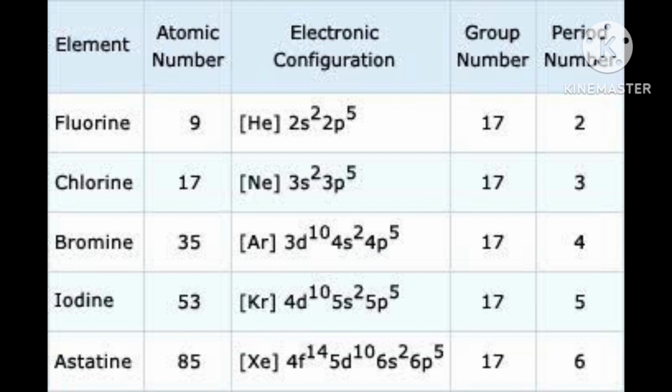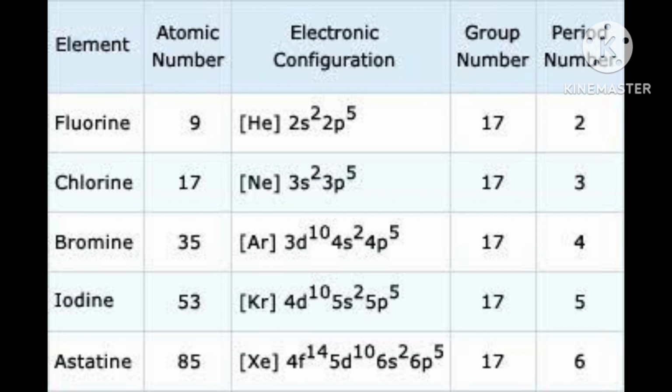Chlorine means Cl-Cl bond, bromine Br-Br bond, iodine I-I bond. In breaking this bond, this amount of energy is required. Means for fluorine 158.8 and chlorine 242.6, bromine 192.8 and iodine 151.1.